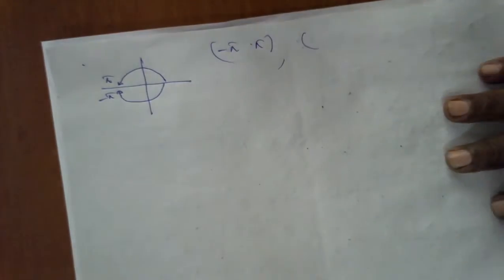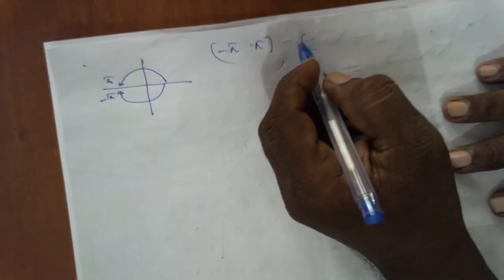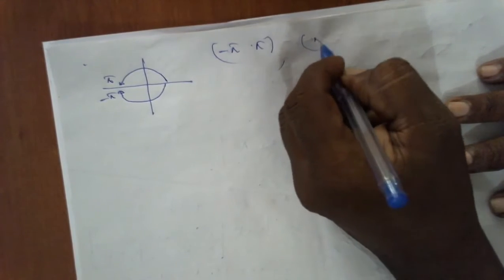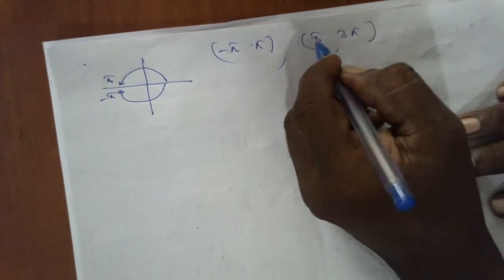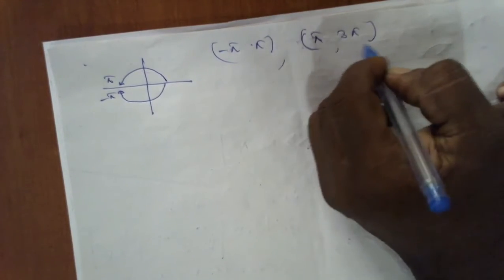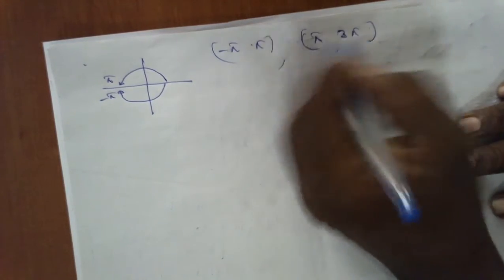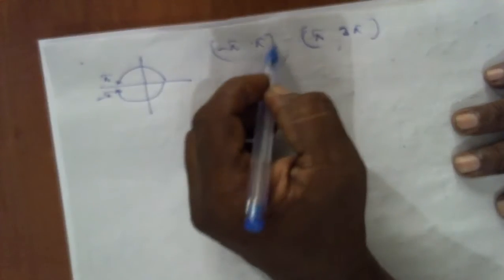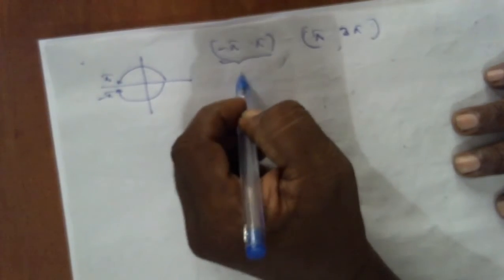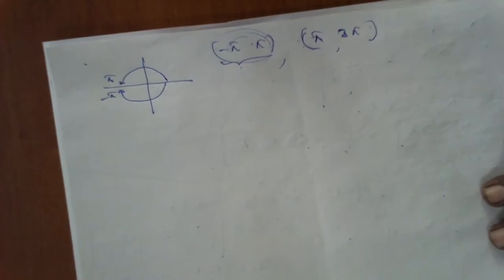Then pi to 3 pi is another period. In this manner also you can measure periods. This also covers range 2 pi.